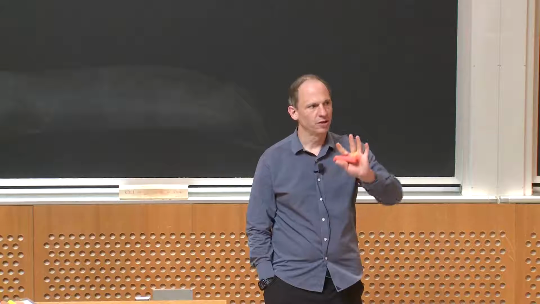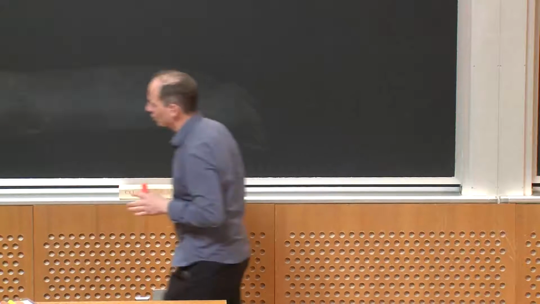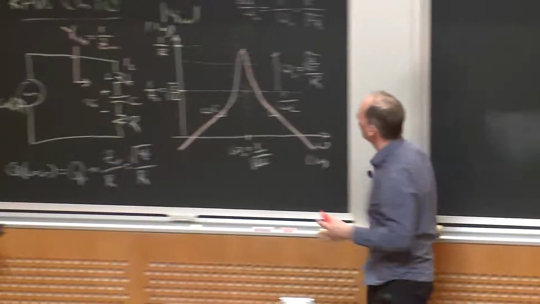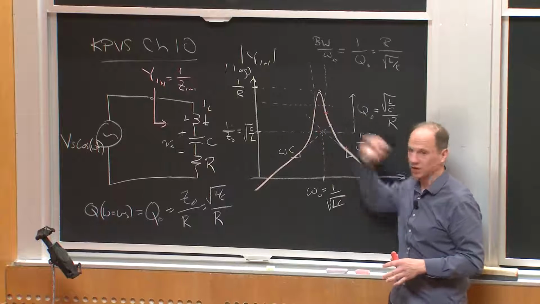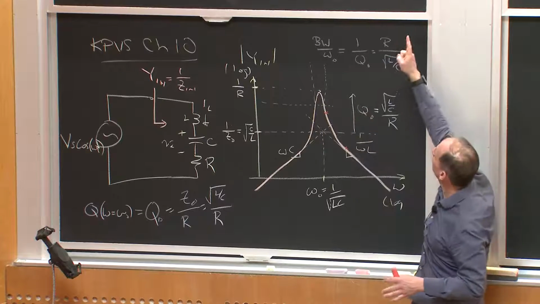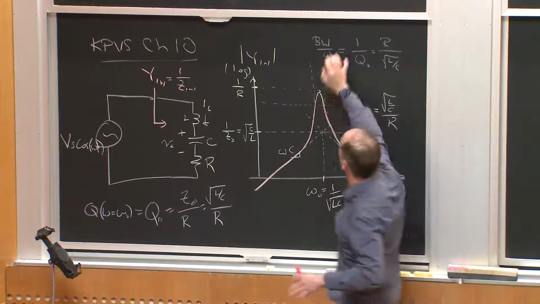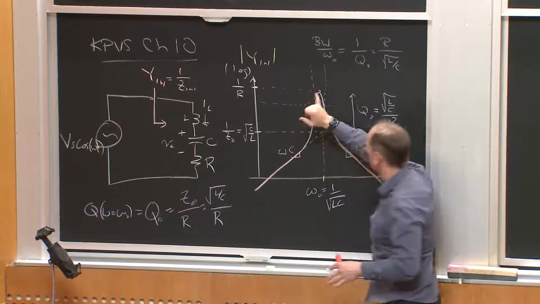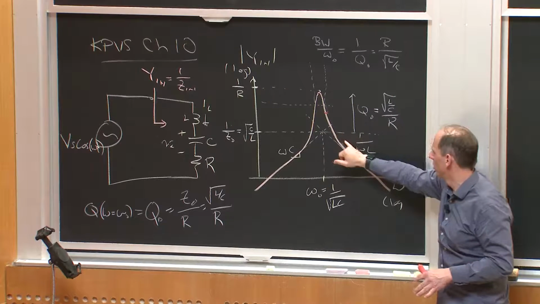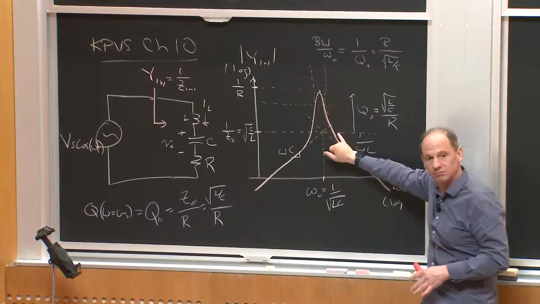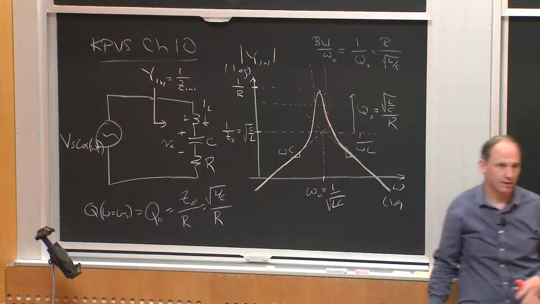But to first order, for basic analysis of resonant converters, we often assume that as far as the current I'm going to get is concerned, I can just focus on the fundamental and think of that current as being a sine wave with a magnitude that's determined by the magnitude of the voltage I'm driving with times whatever the amplitude is here in terms of the admittance. Any questions about that?